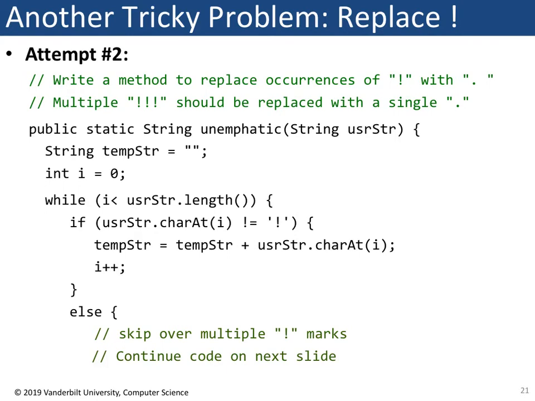The idea here is we're going to process this string one character at a time. In any place where we find a character that is not an exclamation mark, we will keep that character, so we will directly concatenate that character with our temporary string.